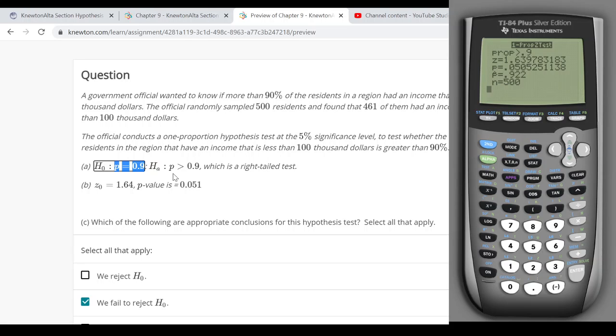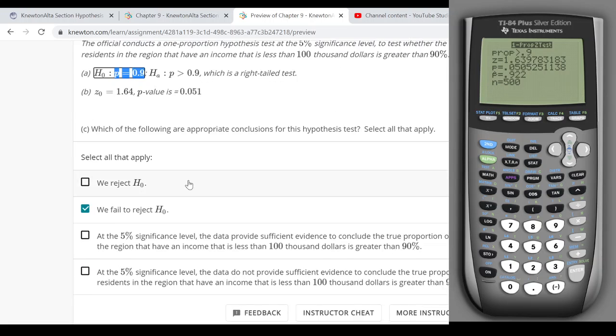We're crossing this out, that p is greater than 90%. Another way to say that is that there is not enough evidence to support this statement, that p is greater than 90%. So at the 5% significance level, the data provides sufficient evidence to conclude that the true proportion is greater than 90%? No. We're saying we're not supporting that.